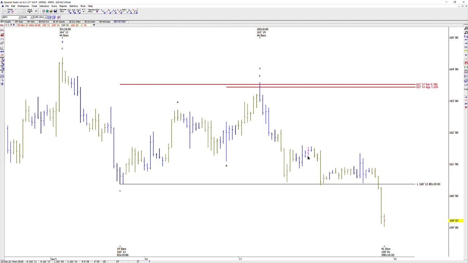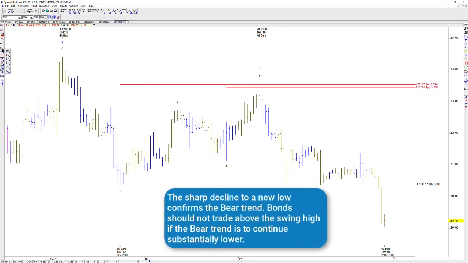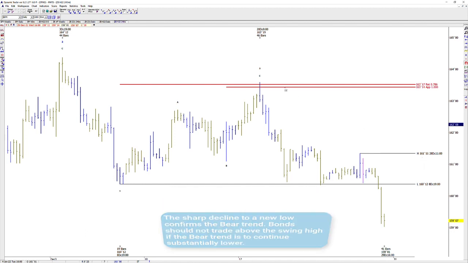But if this trend is bearish, certainly bonds should not come up and trade above this swing high. This is potentially some sort of a 1 and a probable 2 correction and continuation of the decline. Not only can we adjust the stop to break even, we can do a little bit better than that and adjust the stop to a tick over the high of this day, this swing high of 161.11.